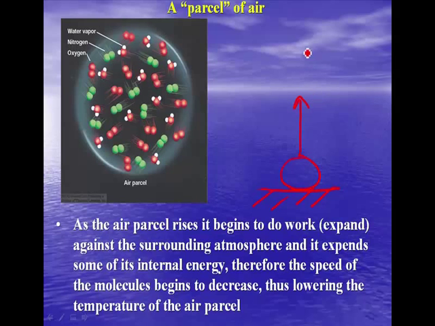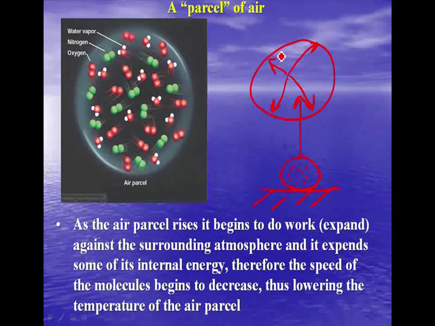As the air parcel moves upward, where it is less dense, the molecules inside of it, made up of nitrogen, oxygen, water vapor, and other constituent gases, begin to do work on the inside of this air bubble. In other words, it begins to expend energy to push outward on this parcel of air, and so the parcel of air begins to get larger.